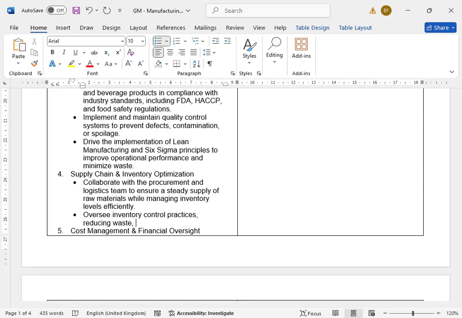Then spoilage, of course, and stockouts. If you're going to have stockouts, this is also a big problem for cost.